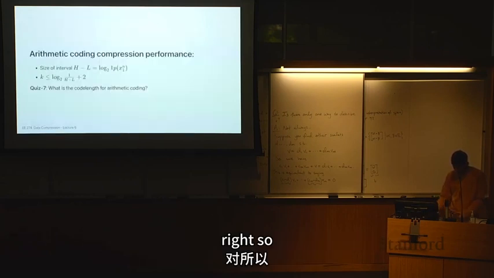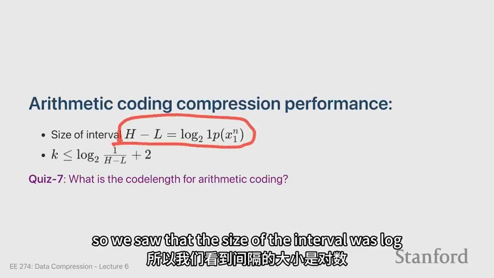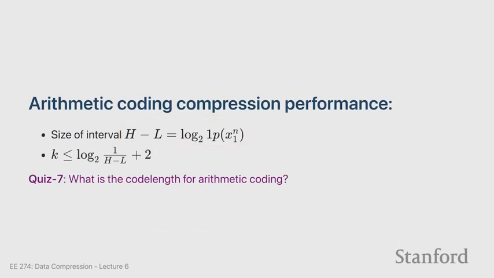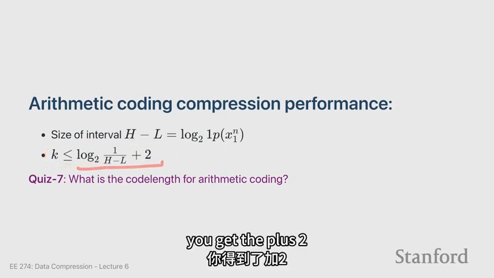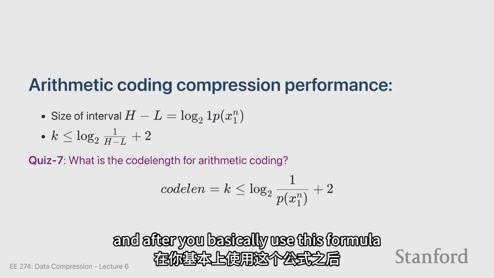So we saw that the size of the interval was log of the probability, and we saw that k was this thing. You get the +2 because you have the ceiling function. After that you basically use this formula.